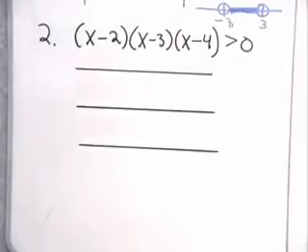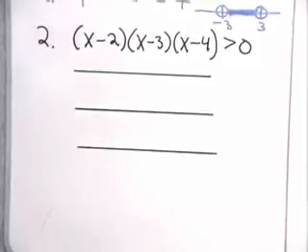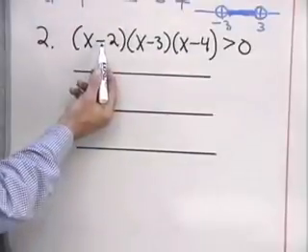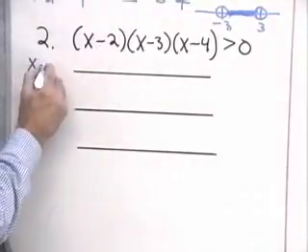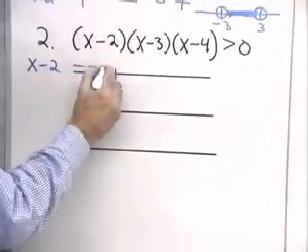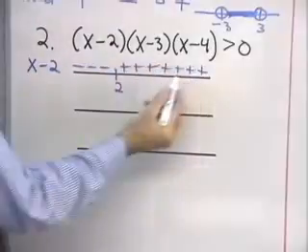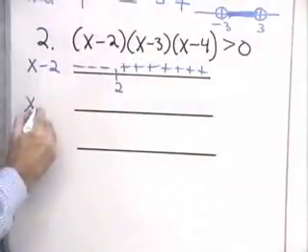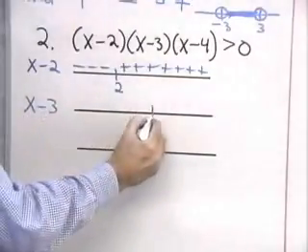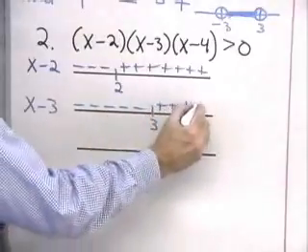Here I have a bigger product, x minus 2 times x minus 3 times x minus 4 is greater than 0. I'll see where this factor is positive and negative. So I'll look at x minus 2. It happens to be 0 at 2, negative down below, and positive up above. The factor x minus 3 is 0 when x is 3, negative down below that, positive up above it.